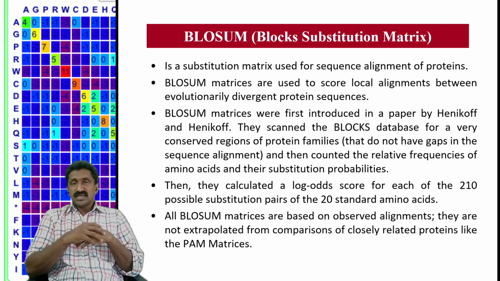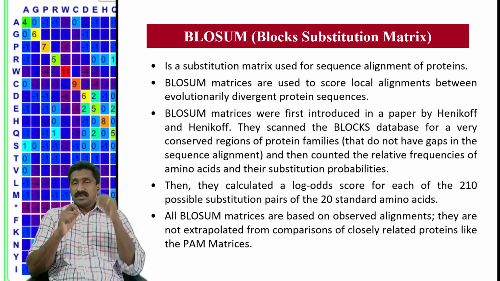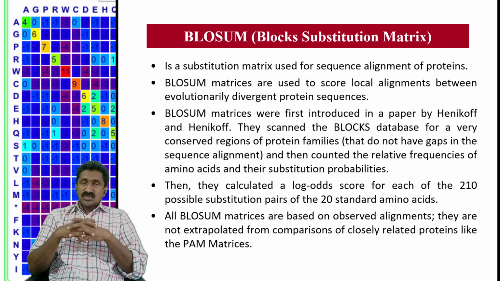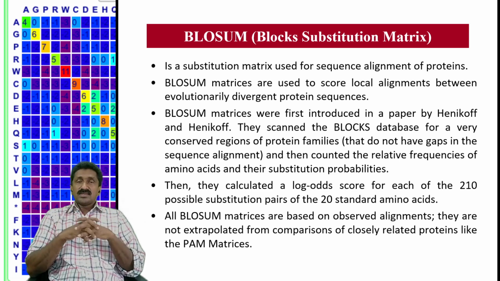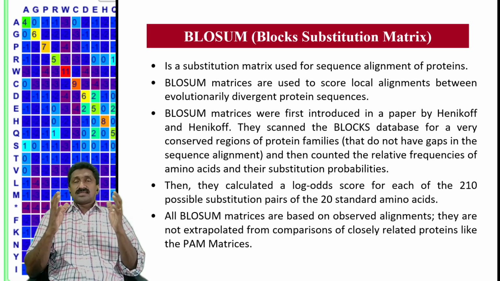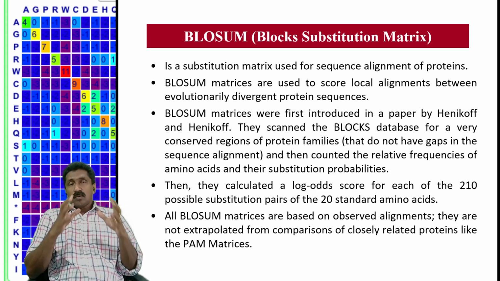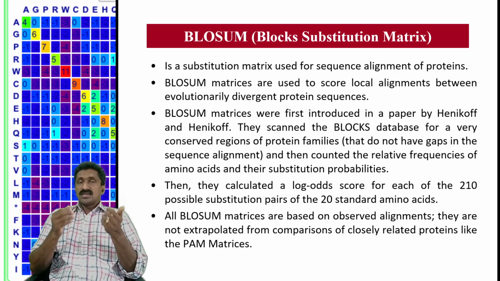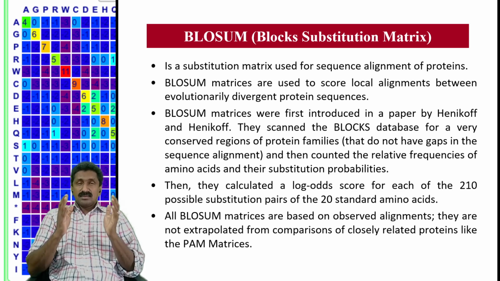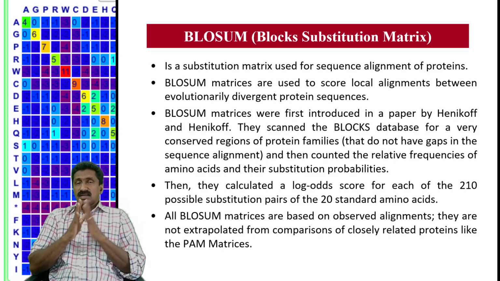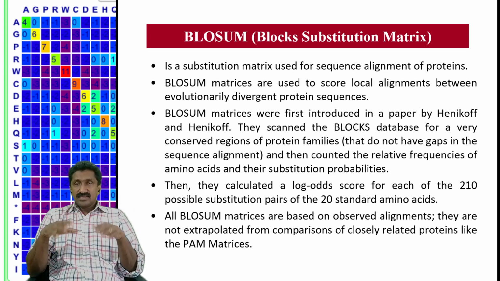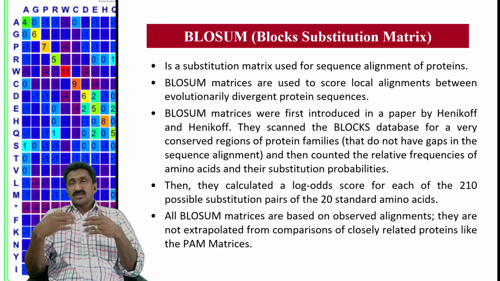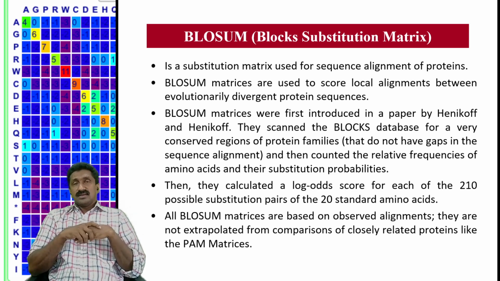If such a change is there, then based on the probability of amino acid changes in such conserved domains, you can create a statistical scoring value. The BLOSUM matrices are developed by comparing these protein conserved domain regions and the frequency of the changes that are occurring in those regions.